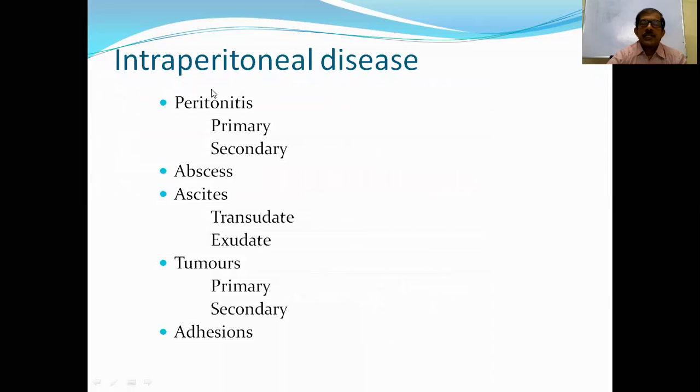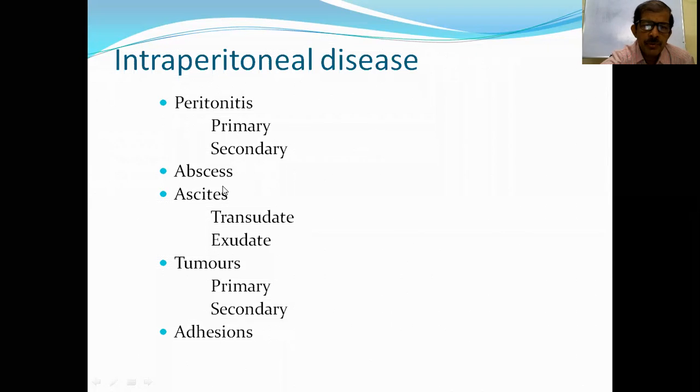So what are the diseases of the peritoneum? Of course, trauma is there, but we will restrict to peritonitis first, which may be primary, meaning without any cause. Secondary, the commonest variety of peritonitis, is secondary to disease of the viscera. Then this peritonitis can lead to abscess, or an abscess may form directly after hematoma or something like that.